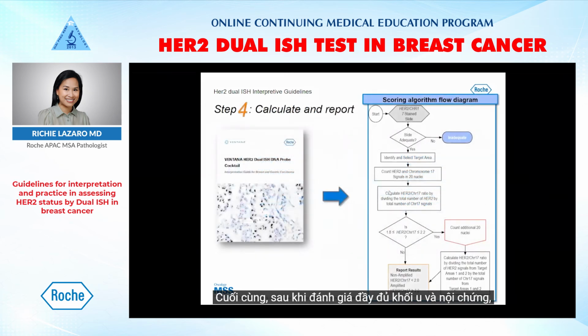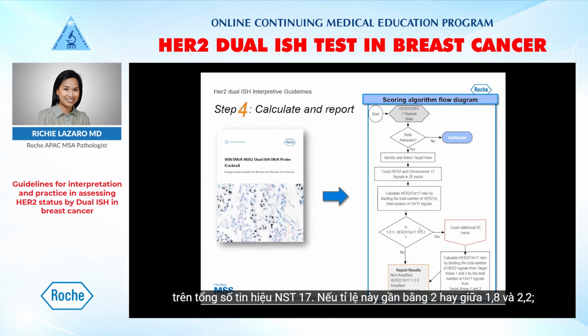Finally, after assessing the tumor adequacy and the internal control and identifying the target area for scoring, and counting the HER2 and chromosome 17 signals in at least 20 nuclei, the reader calculates the HER2/chromosome 17 ratio by dividing the total number of HER2 signals by the total number of chromosome 17 signals.